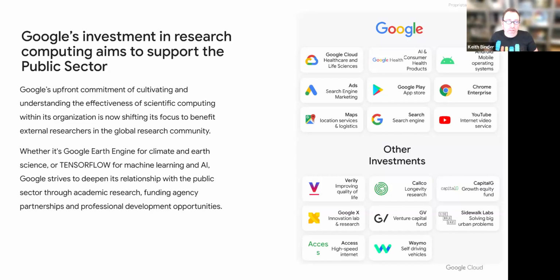And you can all see that, whether it's discussions such as what we're having today, or some of the relationships that we've forged with agencies such as the NSF and the NIH, as well as teaching opportunities that we provide with some of our professional development curriculum. Next slide.